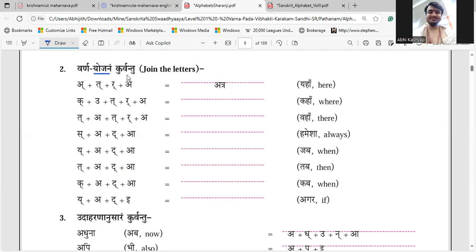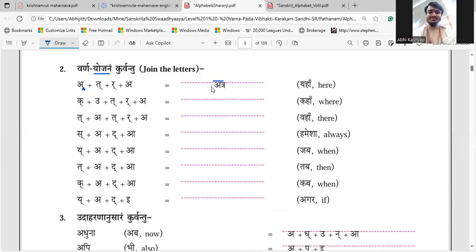So now we have to add this and form the word, whatever it is, and the meanings are given over here. So atra. T, r, a, atra.